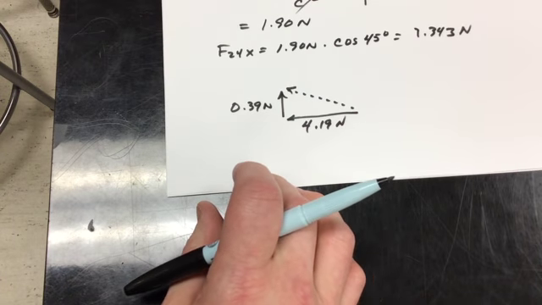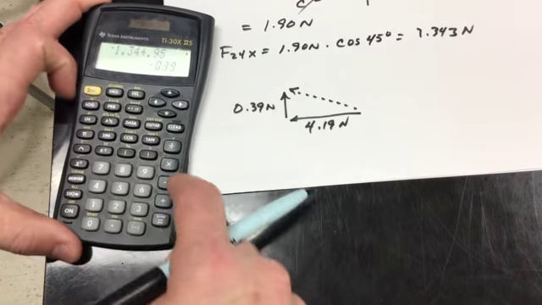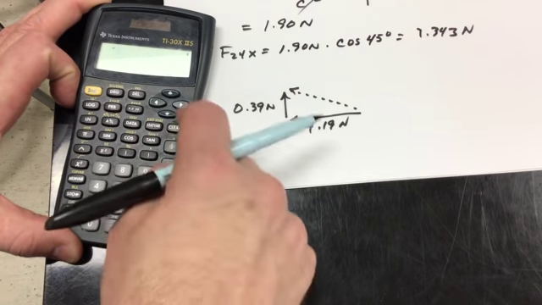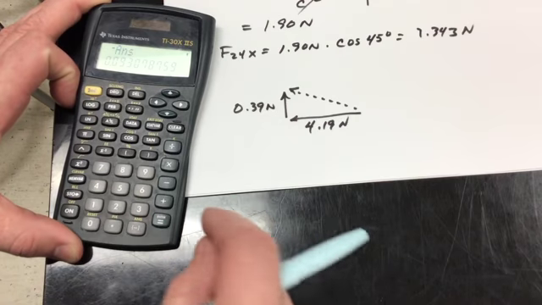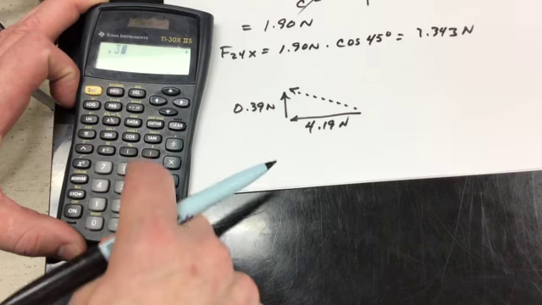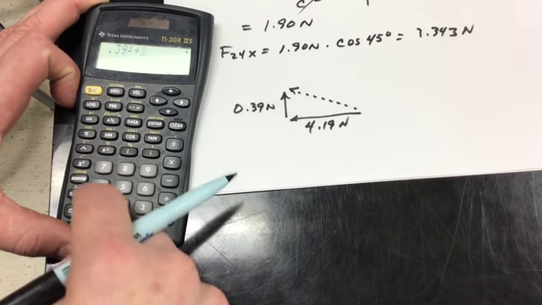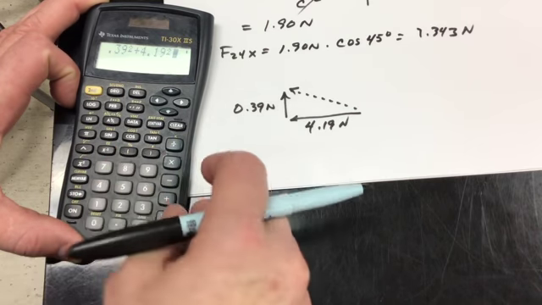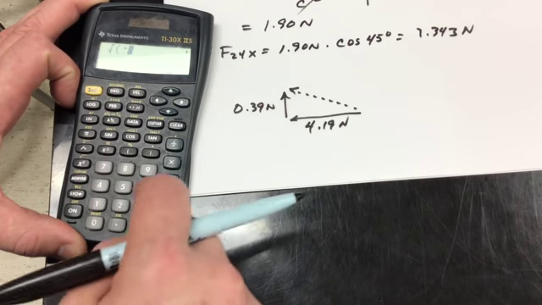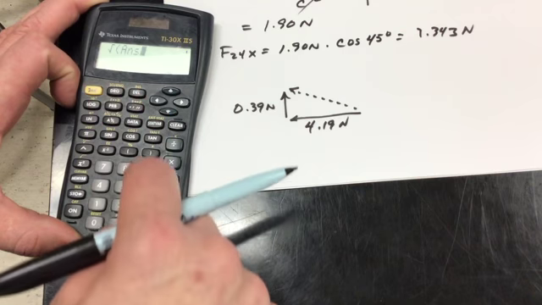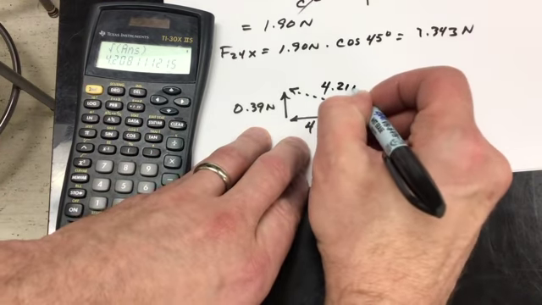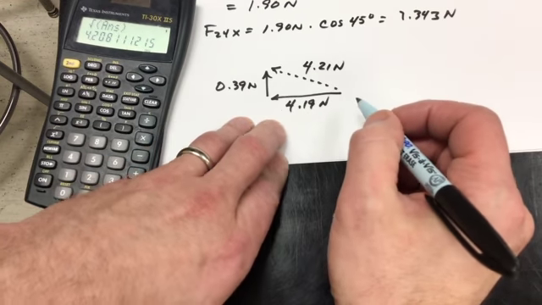So then we can use Pythagorean again on this. Okay. Oop, I did that wrong. Take the square root of that answer that we get. I get 4.21 newtons. And now we're not done, are we?